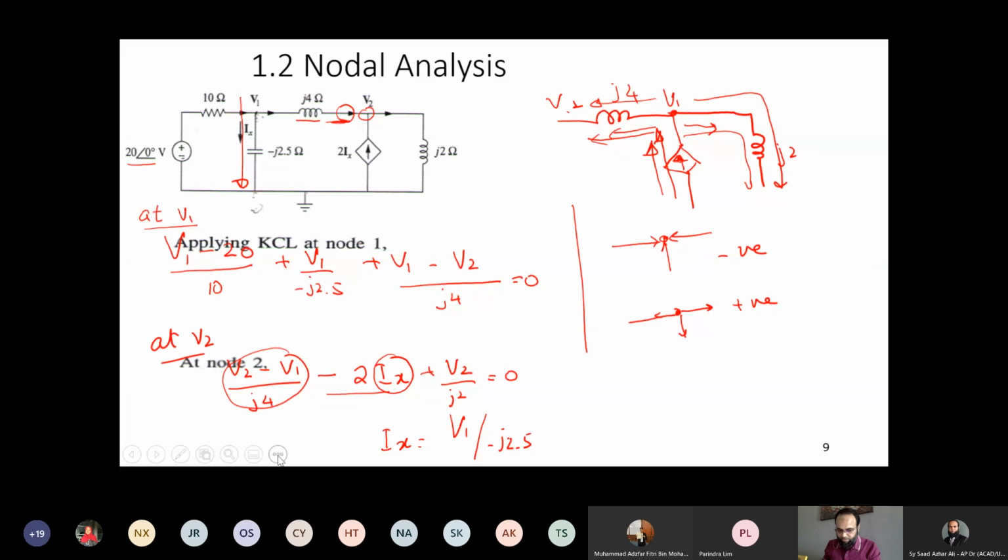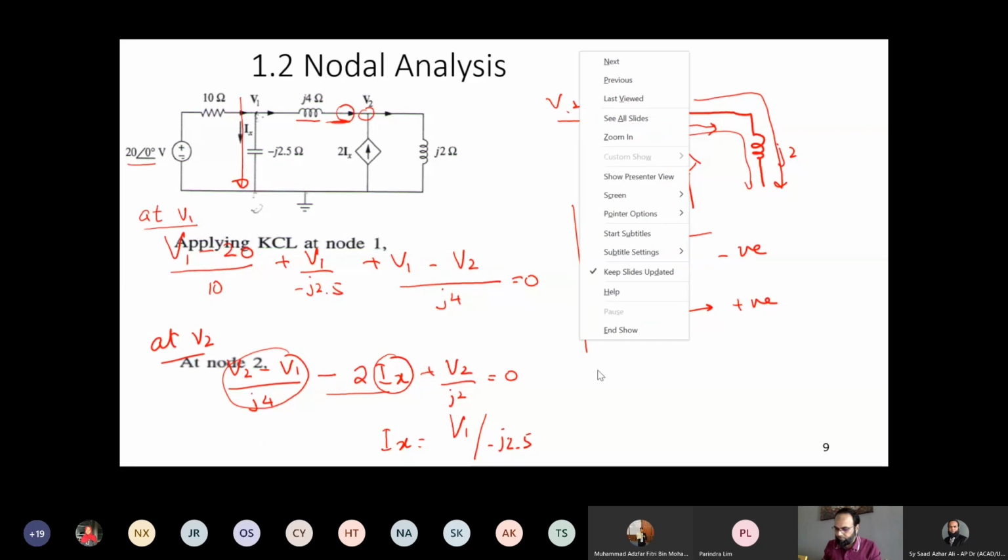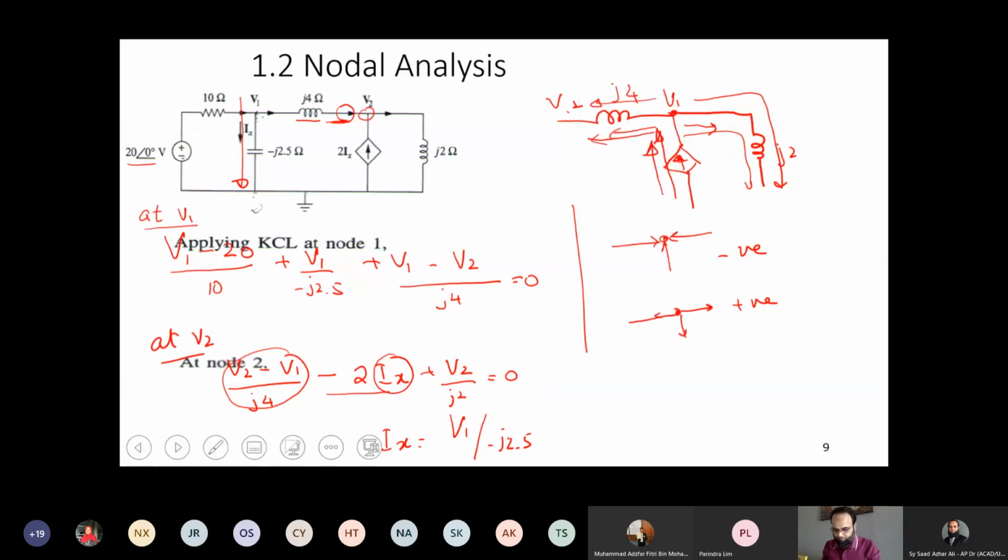Which we can replace in here, which we can see in the next slide. Again, I'm having this problem. Next slide. Not able to go. For some reason, I'm not sure.